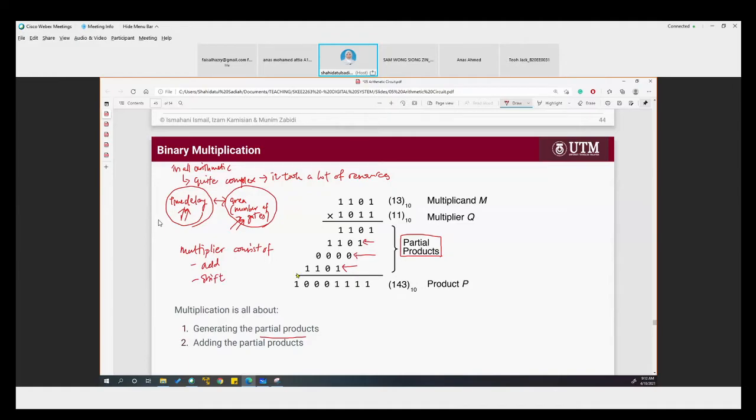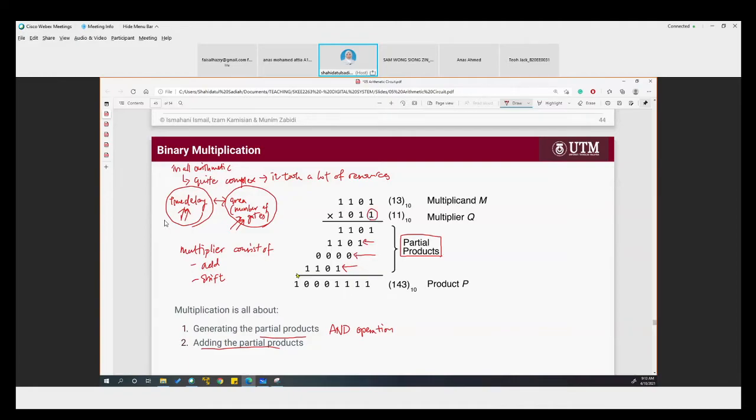Okay. So first, to generate the partial product, we do an operation equal to an AND operation for this bit.